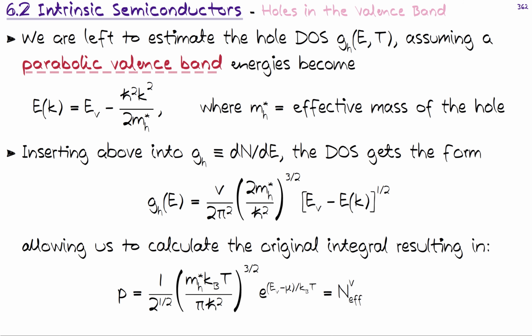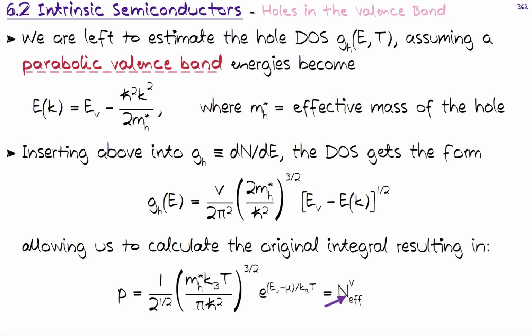And again, we can simplify the notation slightly so that we take the first multiplier that does have a slight temperature dependence, and then we transform this into a new variable, N_V, and then we have the final exponential temperature dependence, where we also have the dependence on the chemical potential.